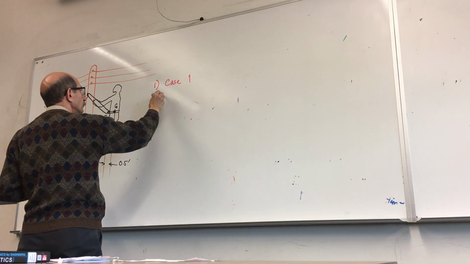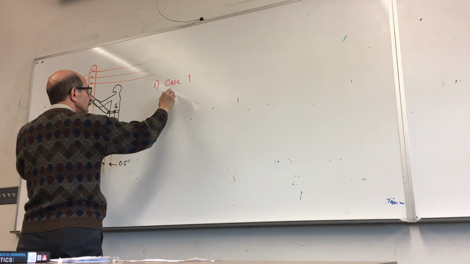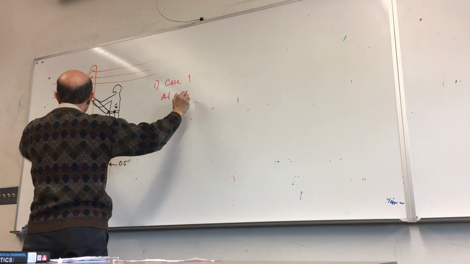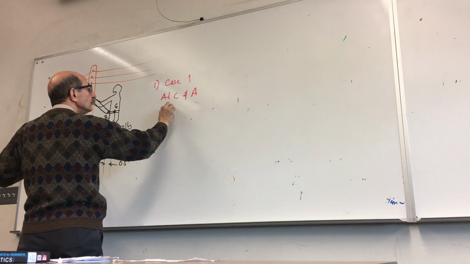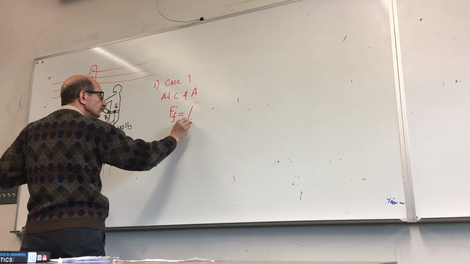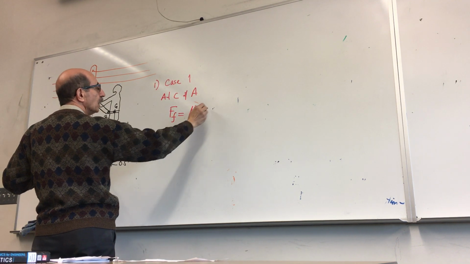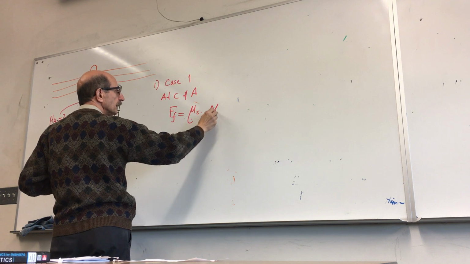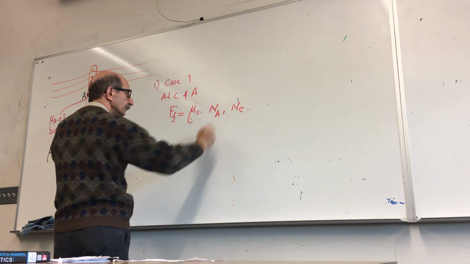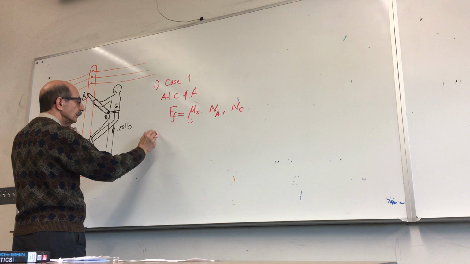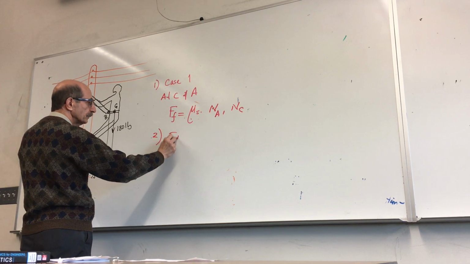That means both at point C and at point A, force of friction is mu S times the corresponding NA or NC. So then you need to draw the free body diagram.